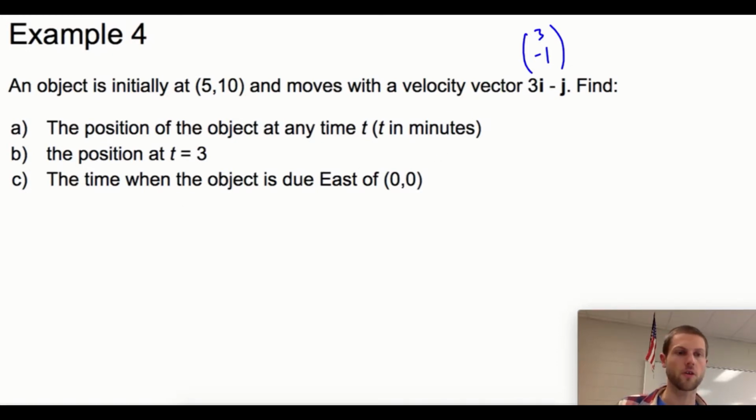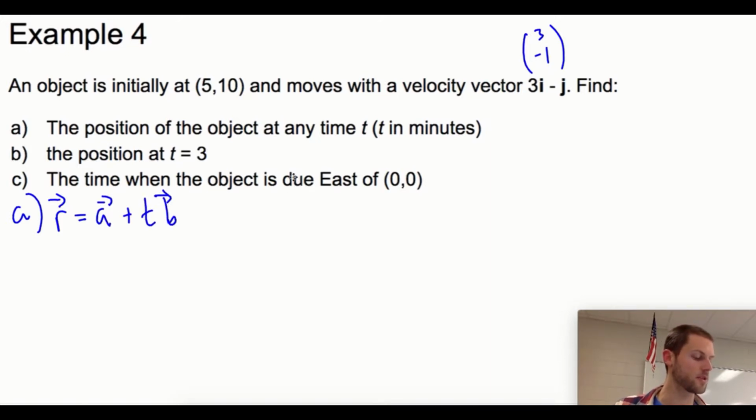I want to do all kinds of stuff here. So let's start off with letter A. In general, this resultant vector R is going to equal A plus t times b.